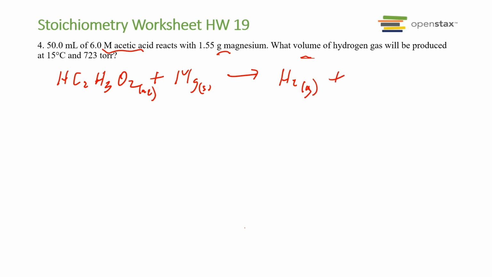And then the only other thing that can happen here is that magnesium can kick out the H, and so it combines now with the acetate. But we also have to remember that magnesium is a 2 plus ion, and acetate is just a 1 minus ion.